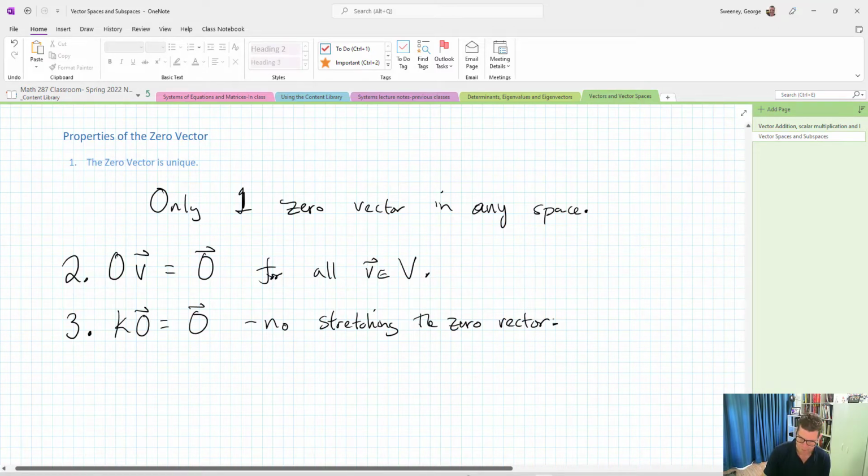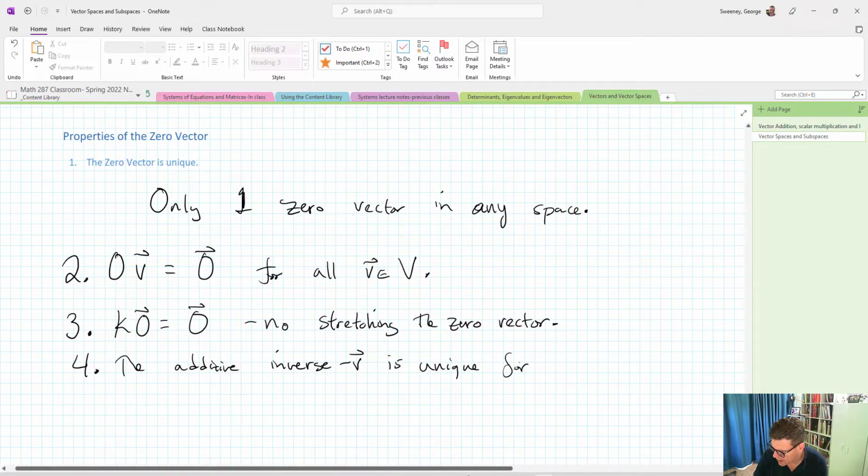Number 4, the additive inverse, negative v, is unique. There are no others for all v in V. So choose any vector v that you want, and there's only one additive inverse for it.